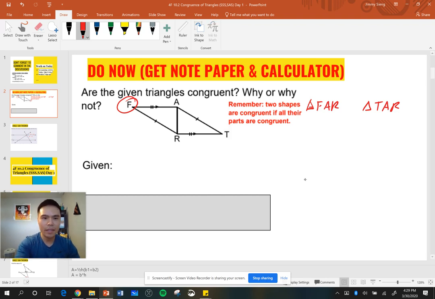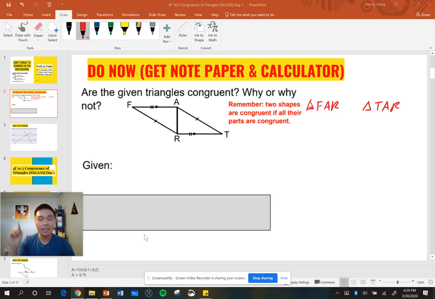So let's go ahead and look at this. I don't have anything given to you yet to really solve for this, but we can put together the pieces of what we see, okay? Notice how there are dashes on this parallelogram. I have two dashes on the parallel lines. Looks like FART.